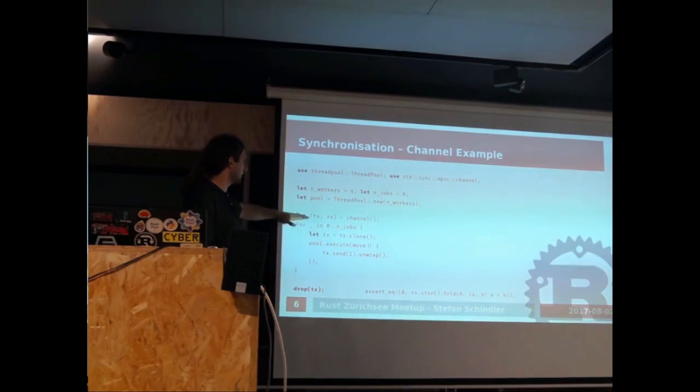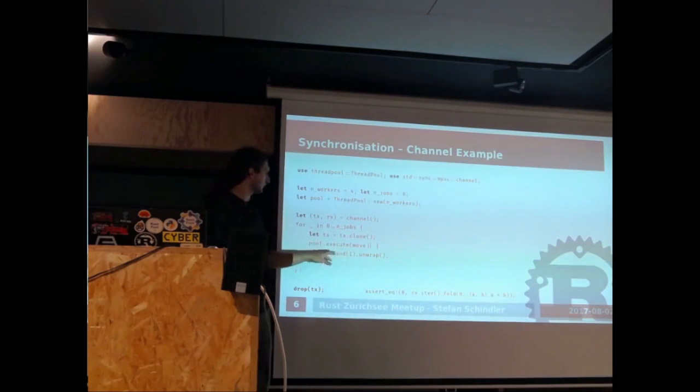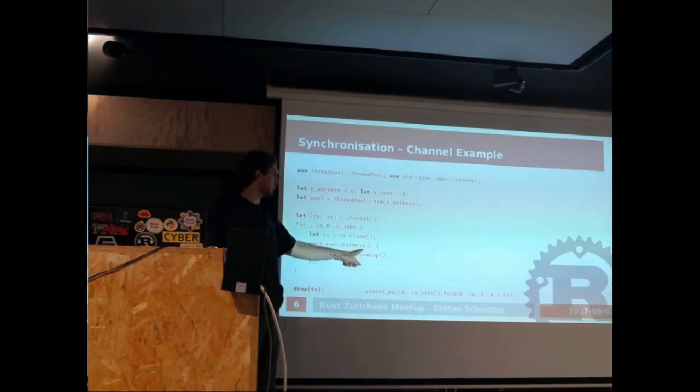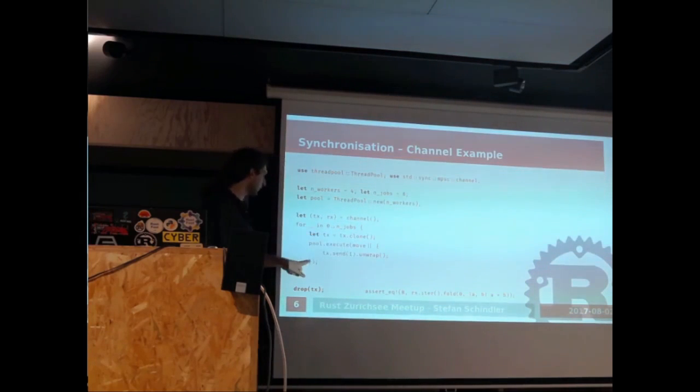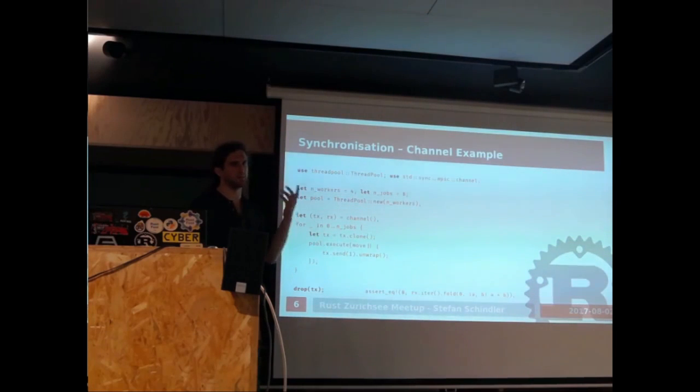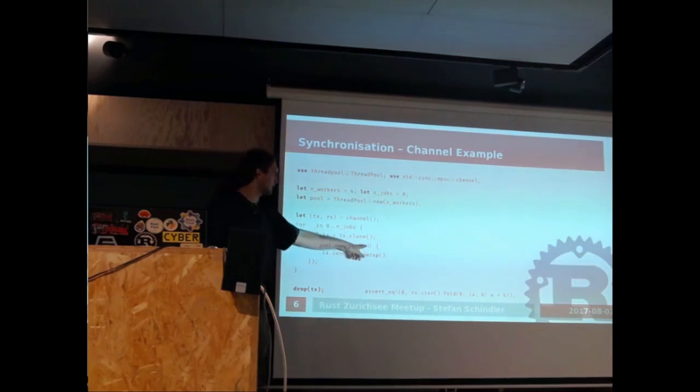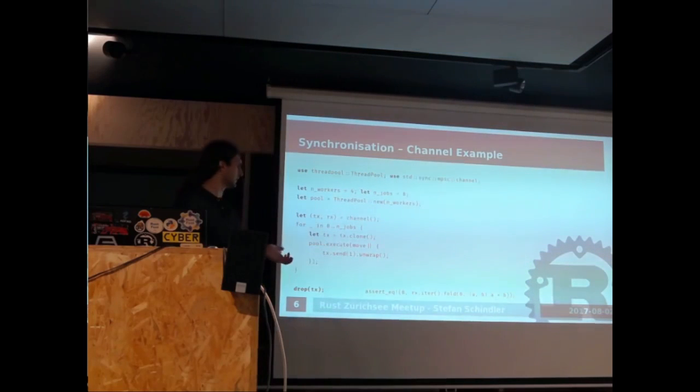After that, we have a for loop, and we spawn everything. So at this point, we create the channel. Here we clone the sender, and then we move the sender into it. I'm not sure if you can see that from back there, but this says move, double pipe, and then a block, which is the syntax for a closure, or a lambda. Double pipe means no arguments for the closure.